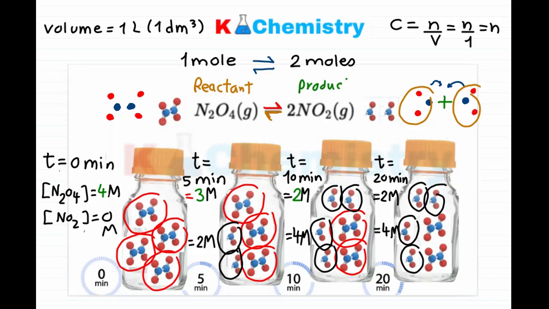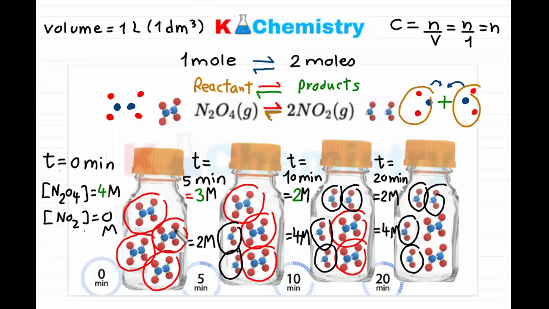Usually it's like that. The forward reaction forms from the reactants to the products, and the backward reaction goes from the products back to the reactants. Now let's start with our reaction with only reactants. When I started here, I don't have anything except the reactants.